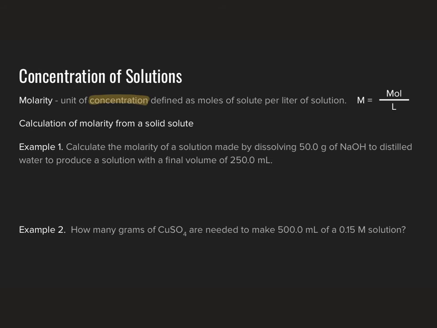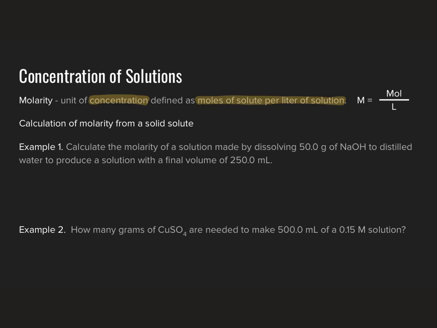Molarity, by definition, is defined as the moles of solute dissolved per liter of solution. So please be very, very careful and specific in this definition. It is specifically moles of solute per liter, not of solvent, but of solution. And as you can see, if more solute is dissolved per liter, we would see a more highly concentrated solution.